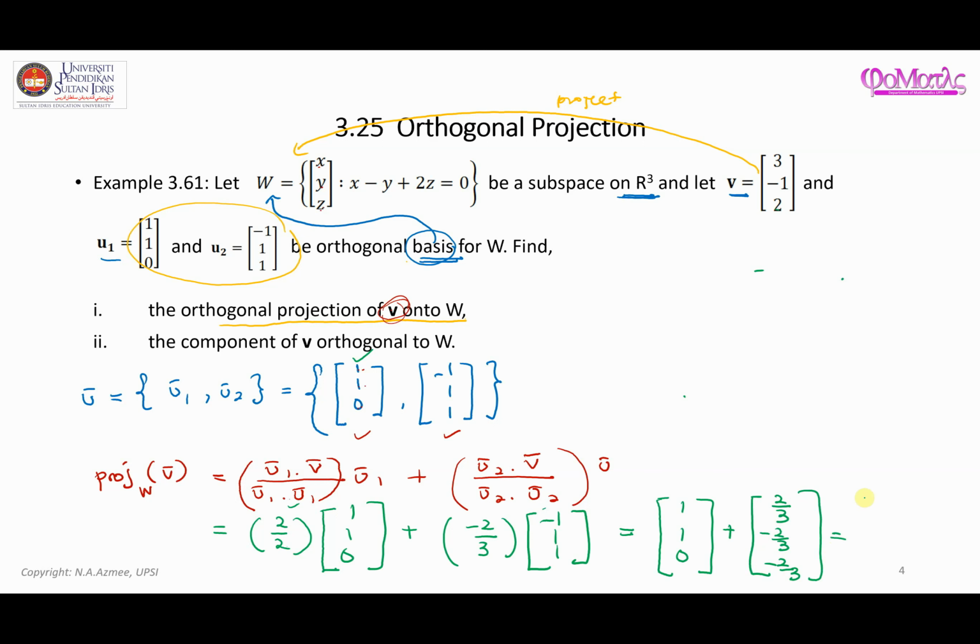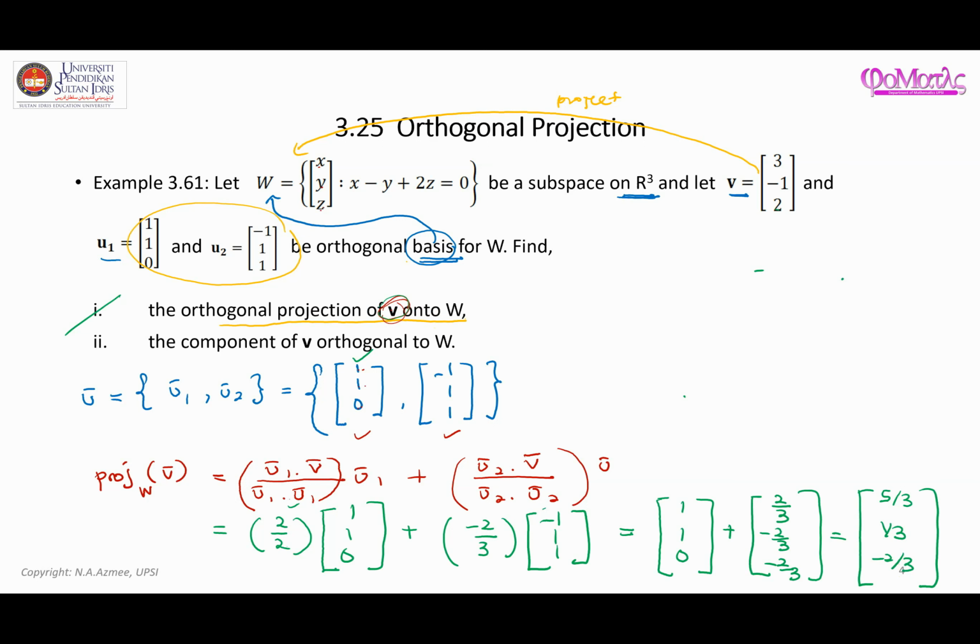If you add them up, 1 plus 2 over 3, which is 3 over 3 plus 2 over 3, is 5 over 3 for the first component. 1 minus 2 over 3 is 1 over 3 for this one. And 0 minus 2 over 3 is negative 2 over 3. This is the orthogonal projection of V onto W, so this is the answer for question 1.